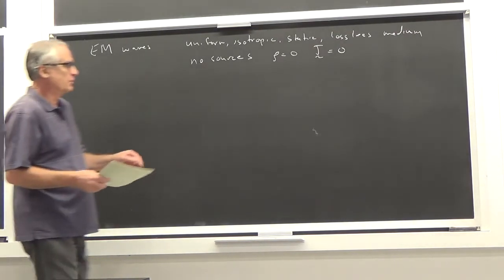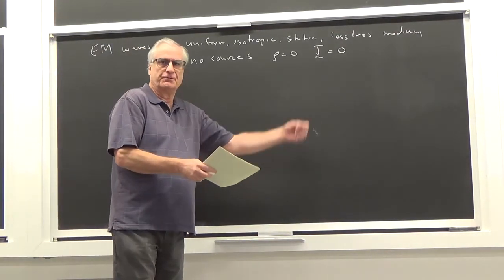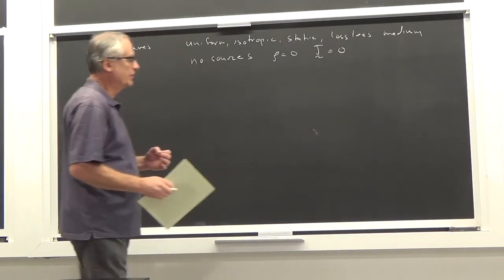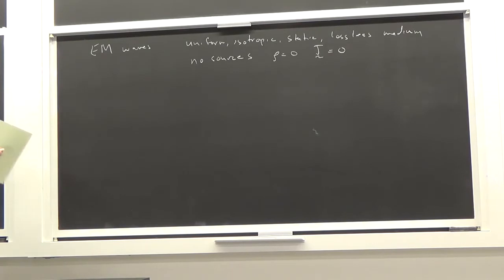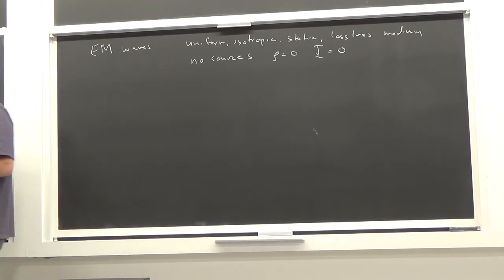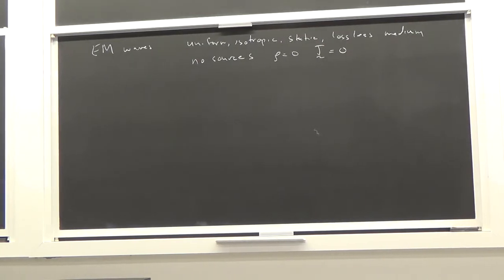But we haven't added some additional free charge somewhere. The material we average over all the atoms, the electrons and the protons that are bound together in the material using the electric permittivity and the magnetic permeability.